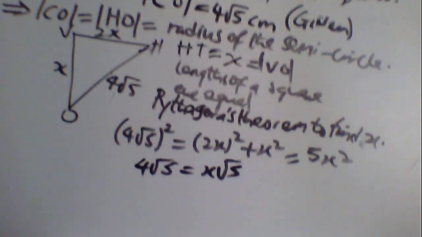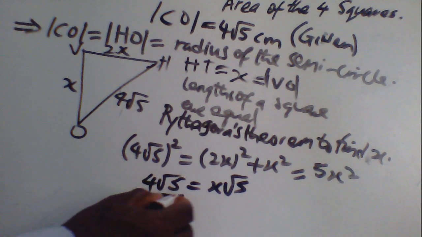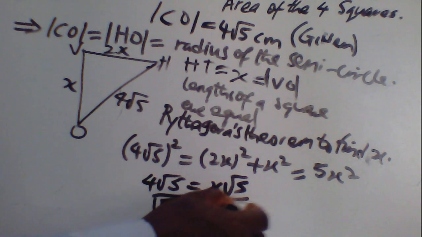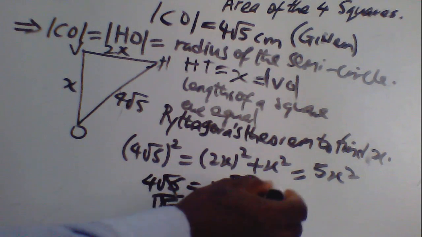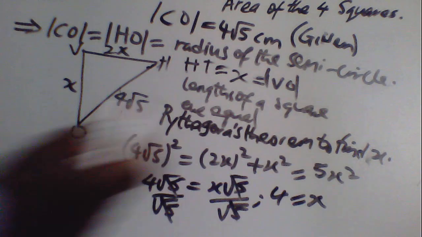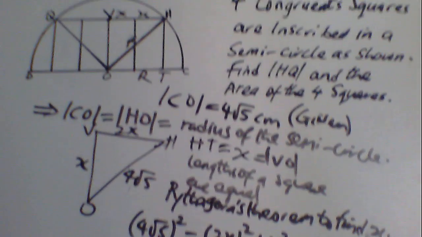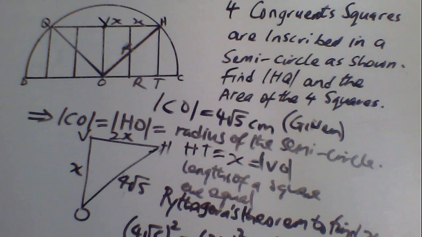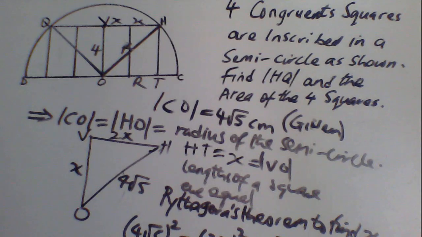Divide both sides by root 5 so you can get the value of x. This means that 4 is equal to x. So having gotten x equal to 4, which means VO is 4.